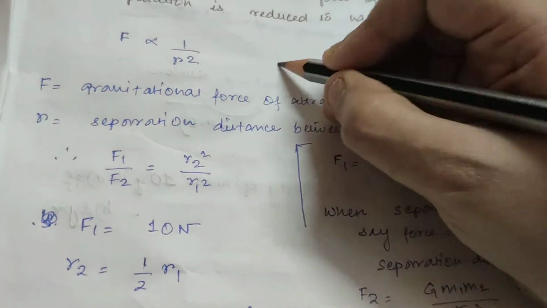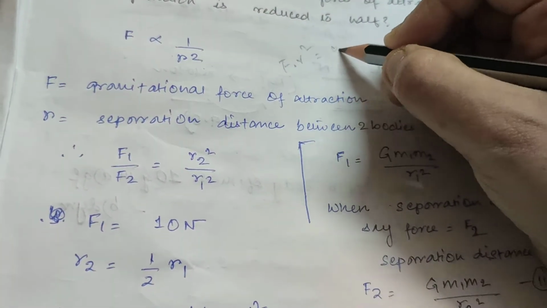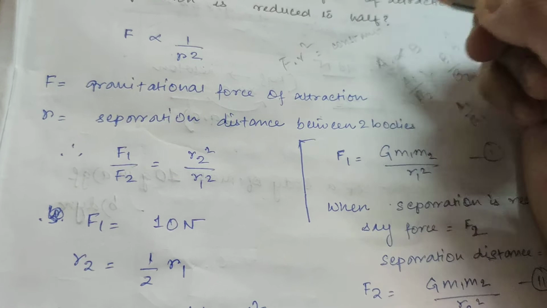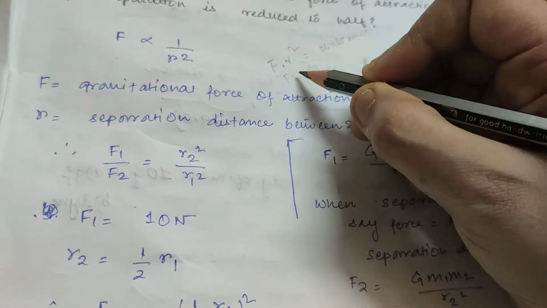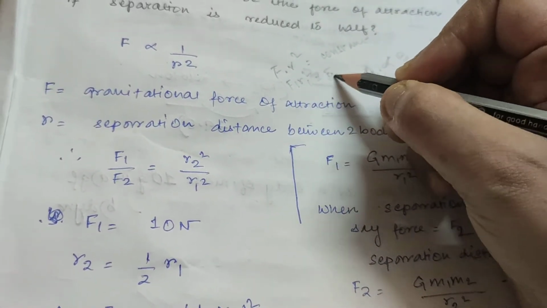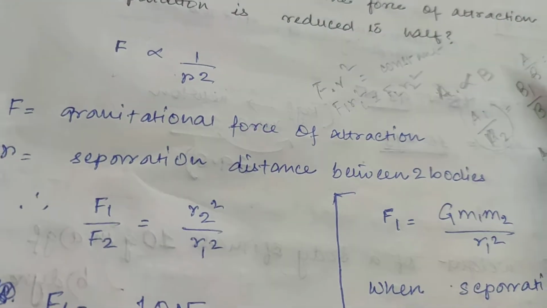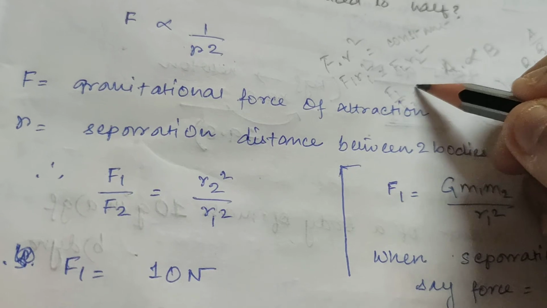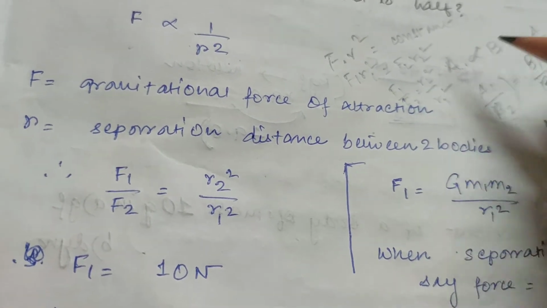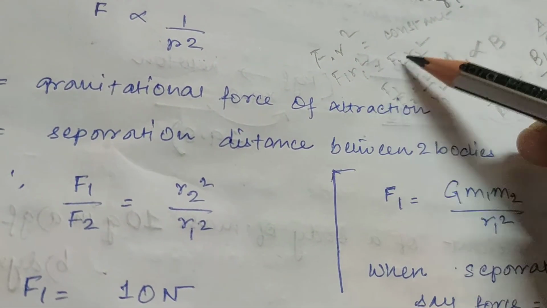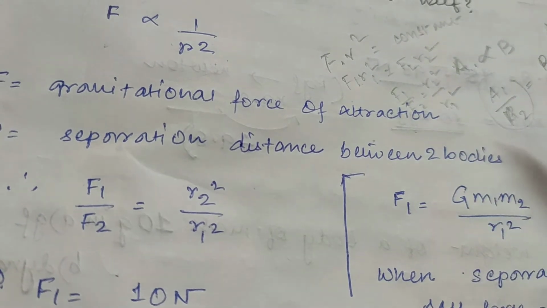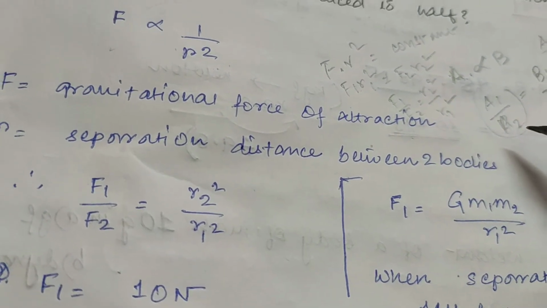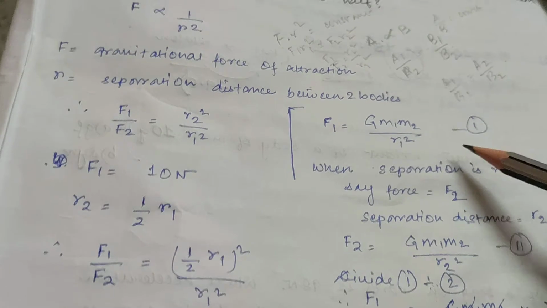Then we can say F into R square equal to constant. Then F1 R1 square equal to F2 R2 square. Then can I write from here F1 by F2 equal to R2 square by R1 square? Obviously, F1 by F2 equal to R2 square by R1 square.